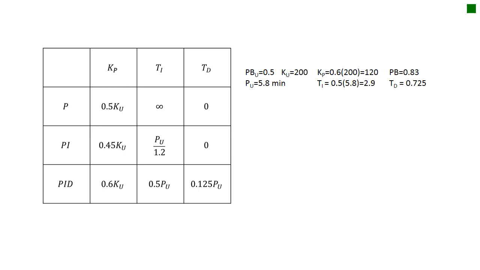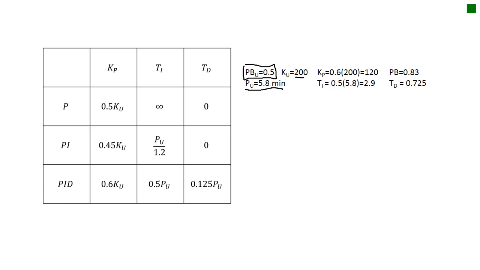So from that exercise, we found that the ultimate proportional band was about 0.5, and my ultimate period was 5.8 minutes. The calculated value of the ultimate gain would be the equivalent of 100 divided by 0.5, which is 200.